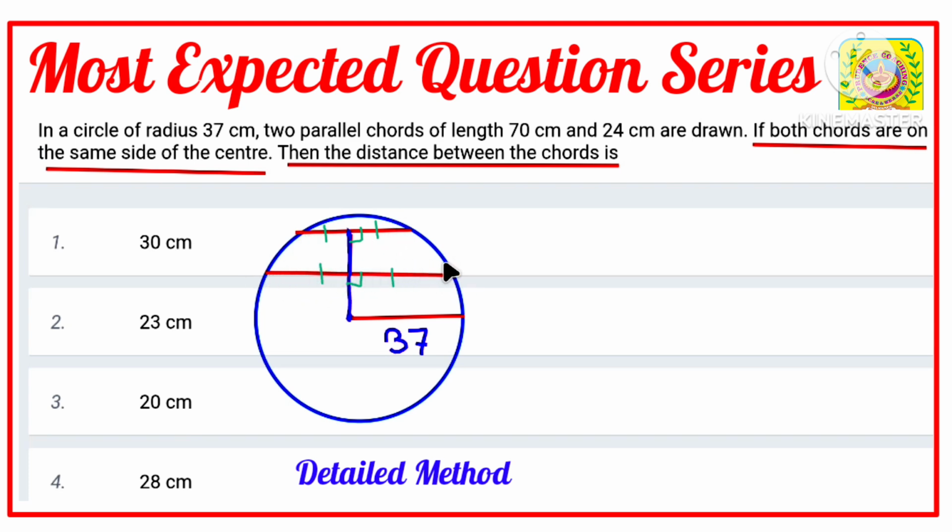That means if this is 70, this line will bisect this one, and this will be 35 centimeter and this will be 35 centimeter as well. Similarly here, if this total is given to be 24, this particular line which is perpendicular on the chord will bisect this chord, and this will be 12.